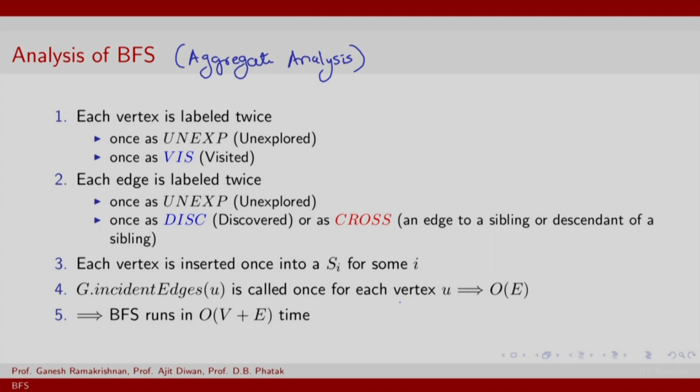Now in aggregate analysis, you sum the number of edges incident on u over all vertices u, and this is nothing but the number of edges itself. So the total time is order of V, which comes from the first three steps, and order of E from the fourth. So total time is order of V plus E.